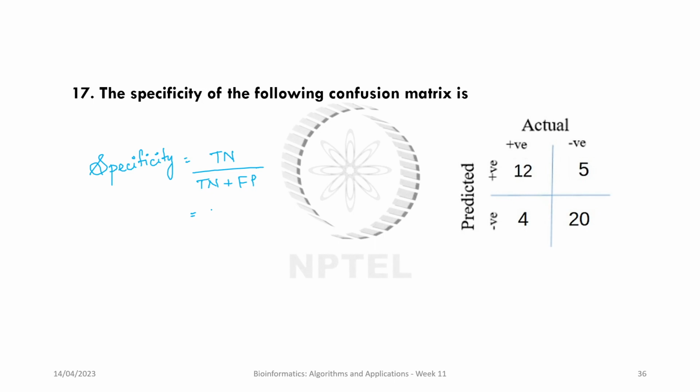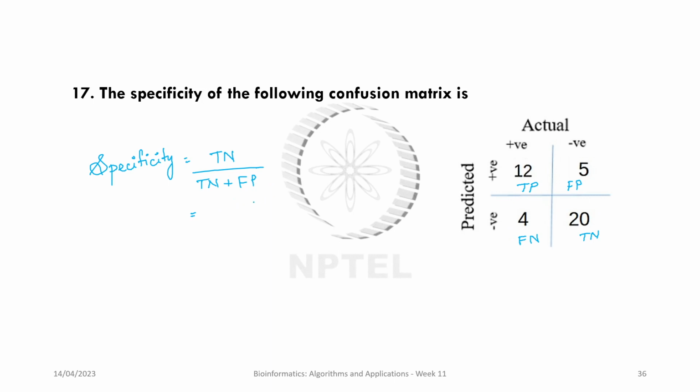Specificity is true negatives by true negatives plus false positives. Okay. So positive actual and positive predicted will be true positive. Predicted and actual negatives will be true negatives. So I like to eliminate those two first. And then predicted negative, actual positive will be false negative. Predicted positive, but actual negative will be false positive. Am I right?